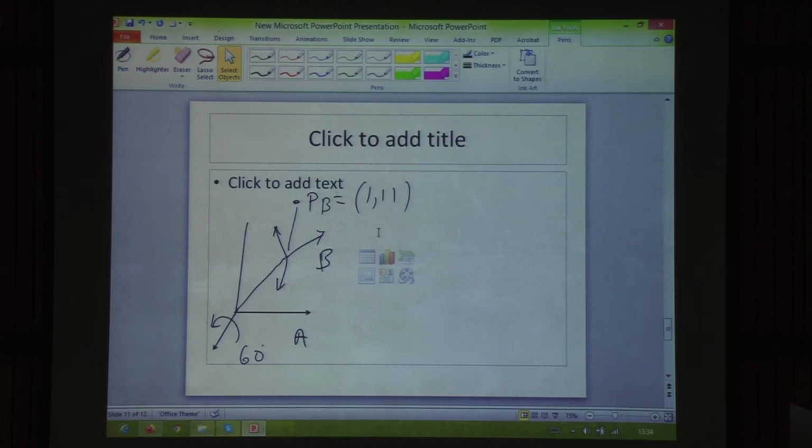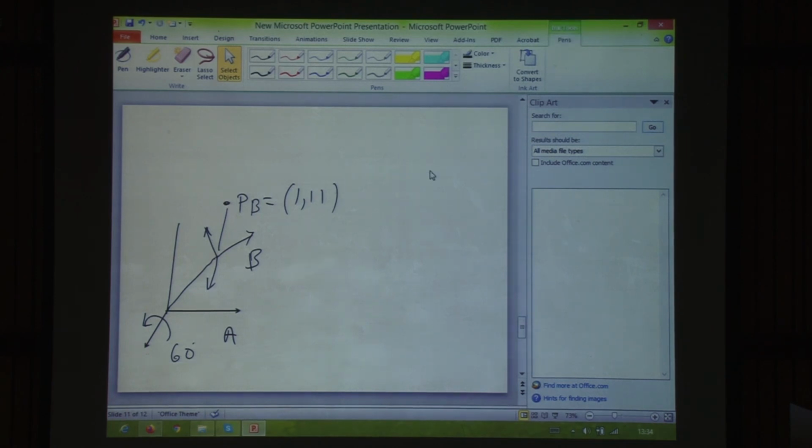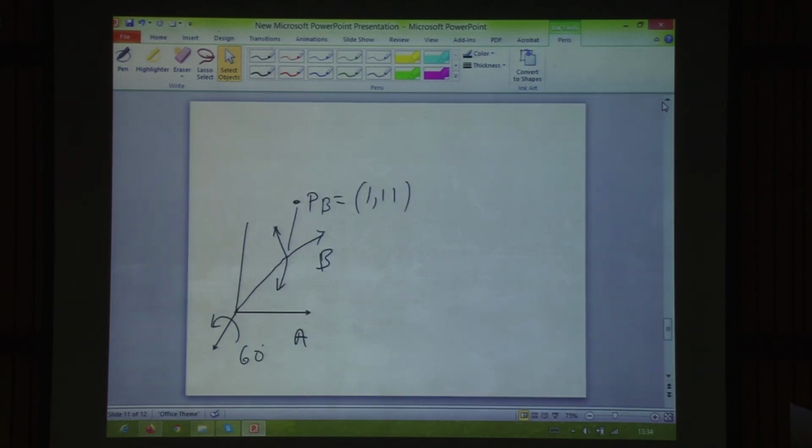It is very, very simple. What we need to do is write down our homogeneous transformation matrix.